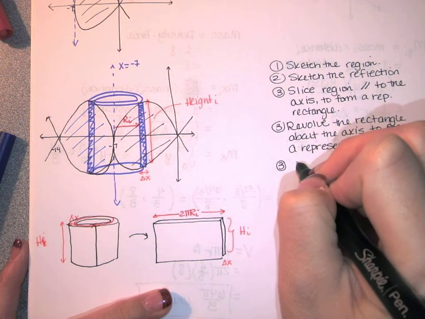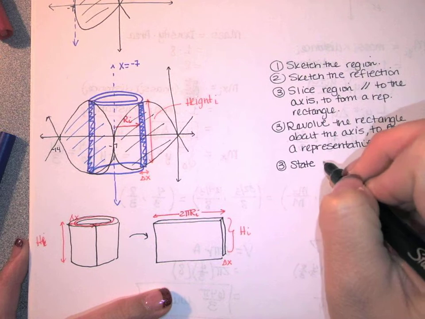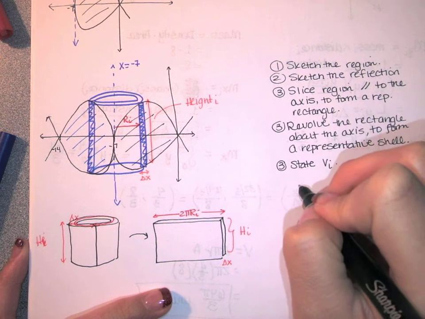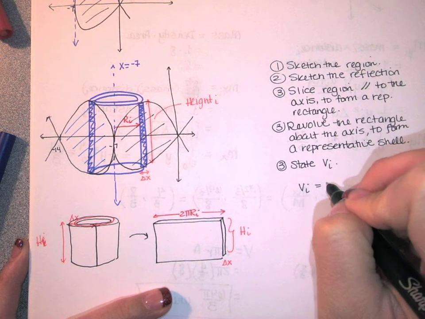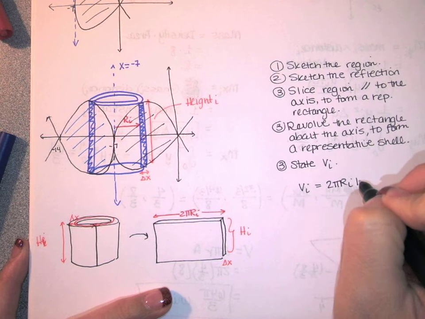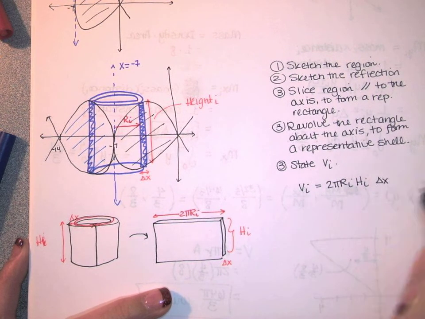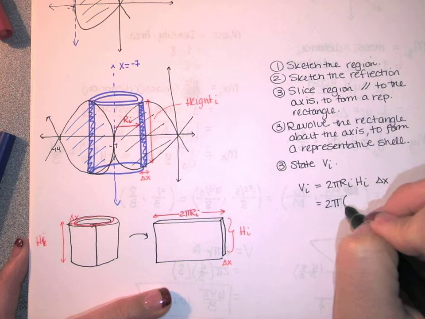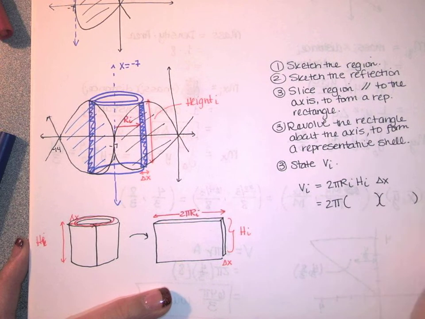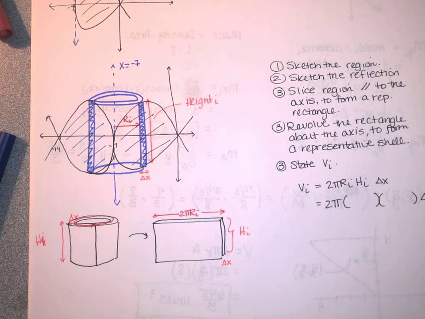So we're going to state the equation for the volume of the cylinder. Volume is going to be circumference, which is 2 pi r, times the radius times the height, times the width or the thickness of that shell. So I just need the radius and the height as functions of x because of that delta x over there.